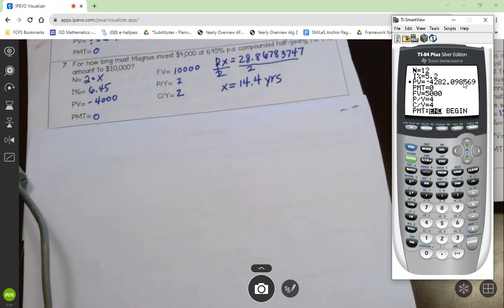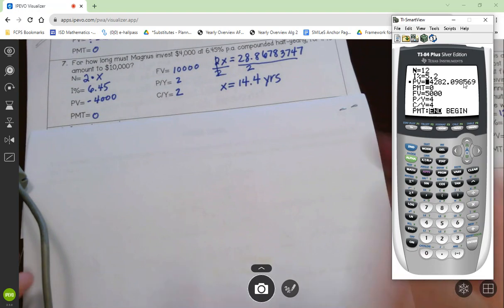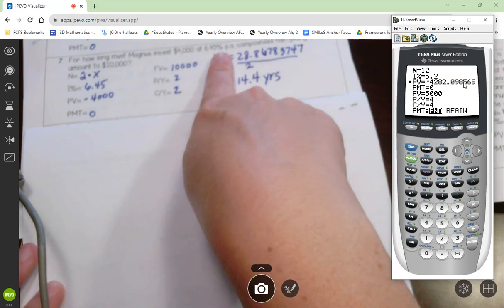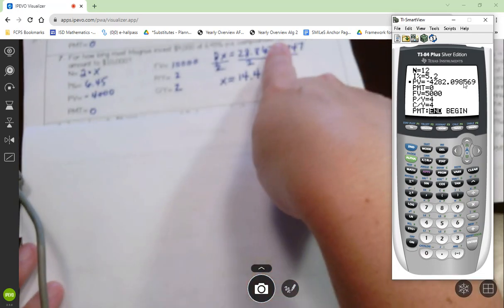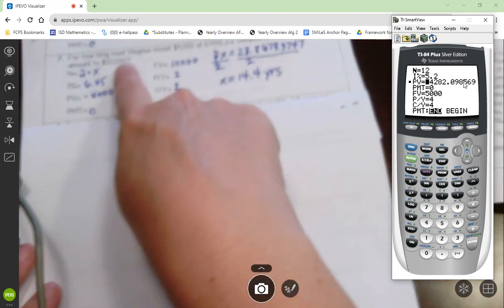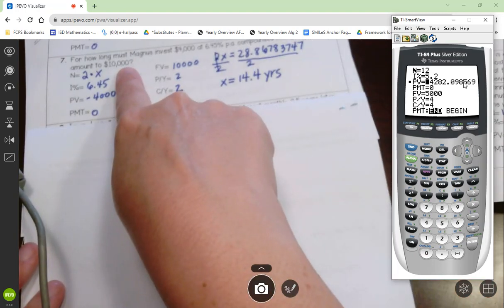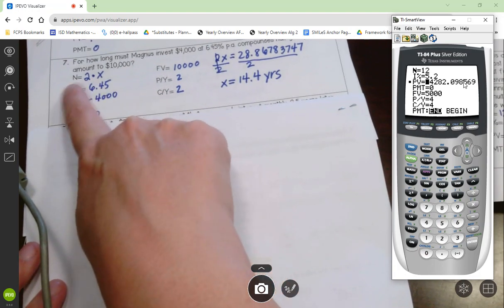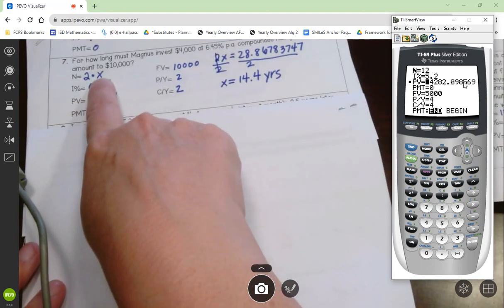So I did solve the next one, but I'm going to go through it with you. So how long must Magnus invest $4,000 at 6.45% PA compounded half yearly, so that's 2 times per year, for it to amount to $10,000? So we don't know how many years, but since it's twice a year, N will be 2 times the number of years.